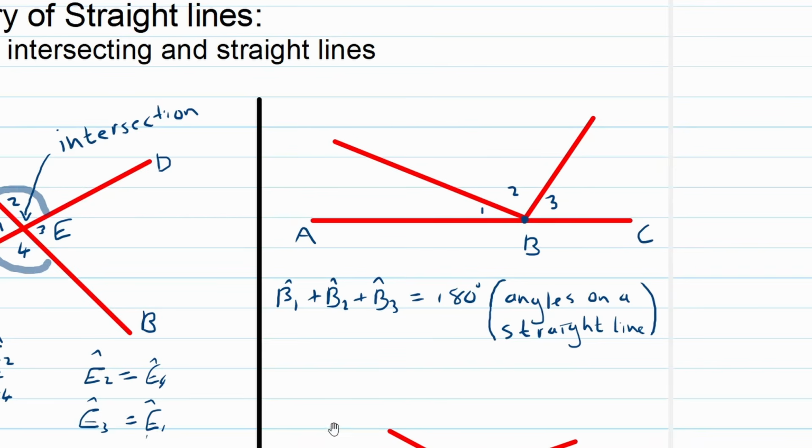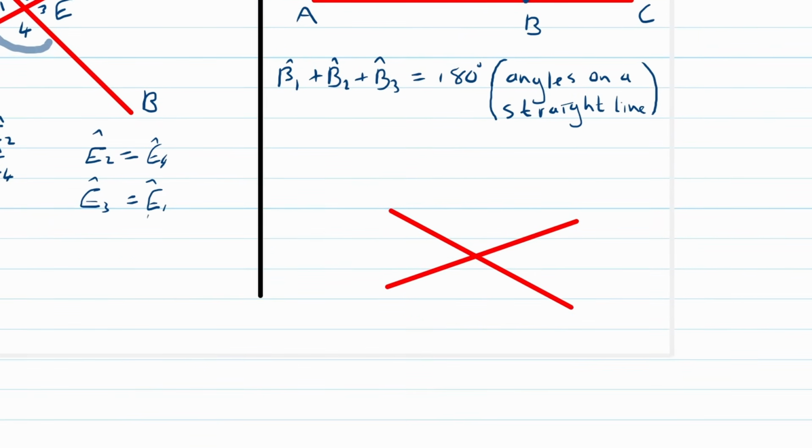And then let's look at the one here at the bottom. This is also an intersection. But now we're looking at, let's call this point C, C1, C2, C3, and C4. As you've already noticed, C2 and C4 are vertically opposite, C1 and C3 are vertically opposite.